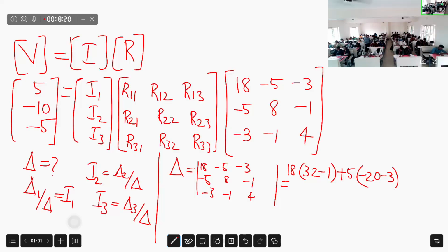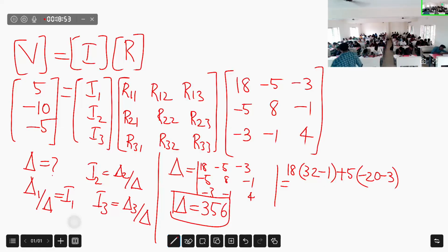So the del value should be 356. Are you getting this value?